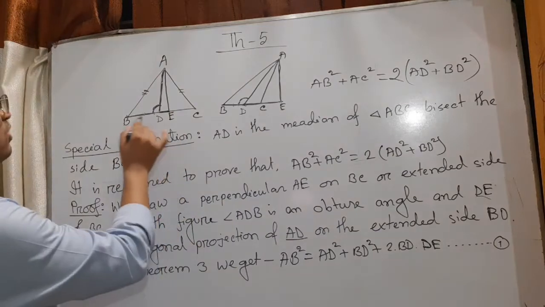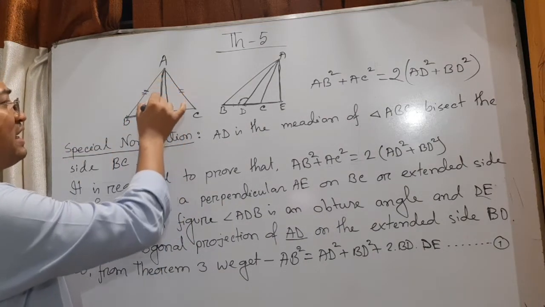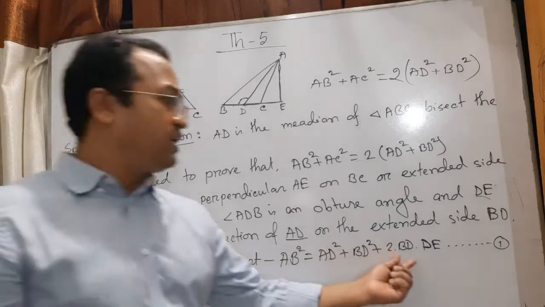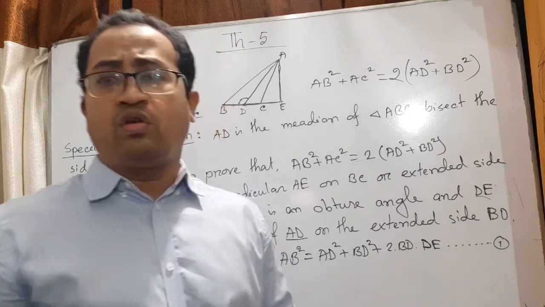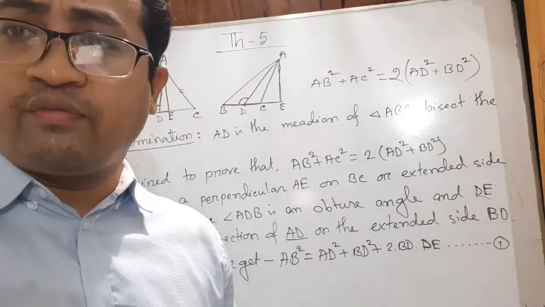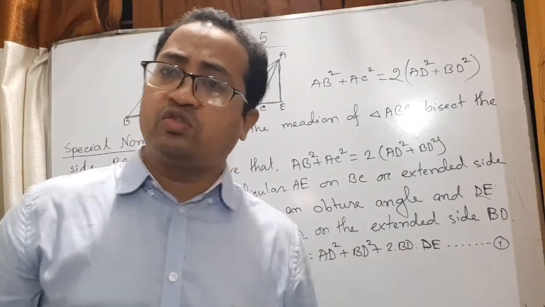If I consider BD as one side, then the orthogonal projection of the other side AD is DE. So BD into DE. This is theorem 3, equation number 1. Now come to equation number 2.